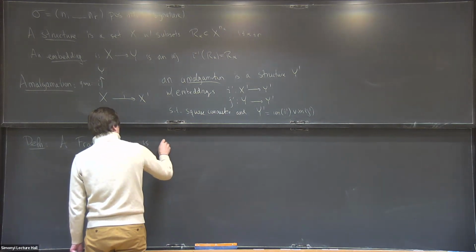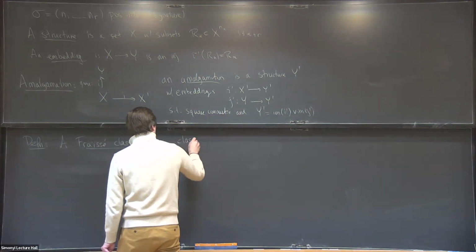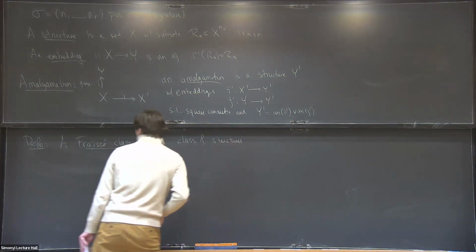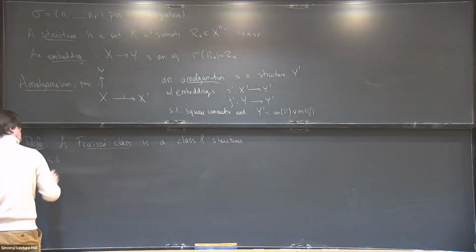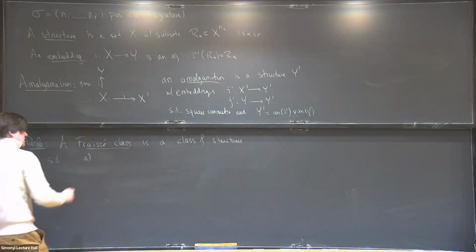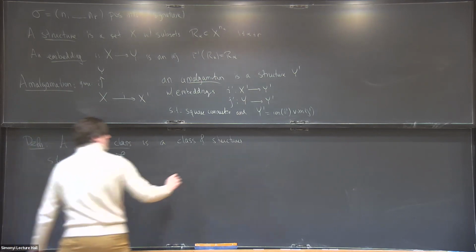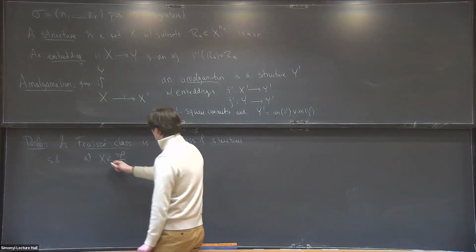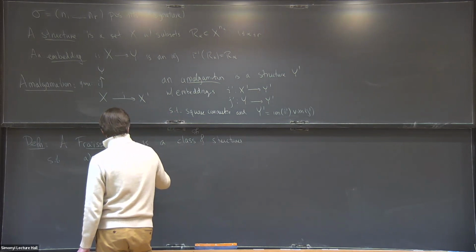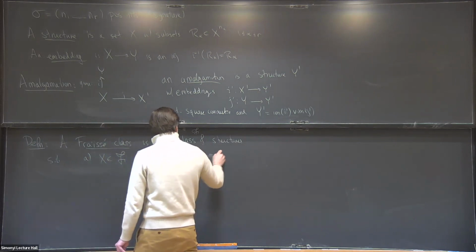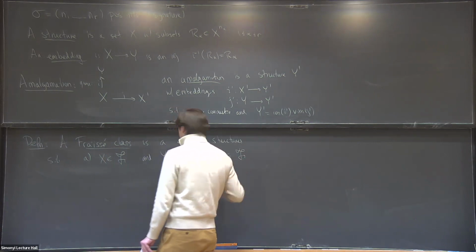It's a class of structures with a fixed signature, such that, first of all, if you have some X in your class, which I'm going to call F, and you have some substructure of X, then that substructure is in the class.